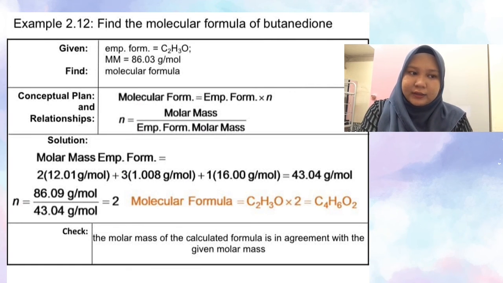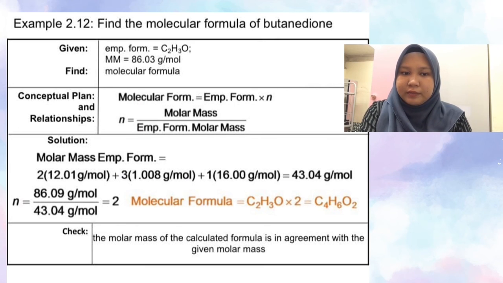N equals 86.09 grams per mole divided by 43.04 grams per mole, which equals 2. The molecular formula equals carbon 2, hydrogen 3 and oxygen times 2, which equals carbon 4, hydrogen 6 and oxygen 2. Check that the molar mass of the calculated formula is in agreement with the given molar mass.